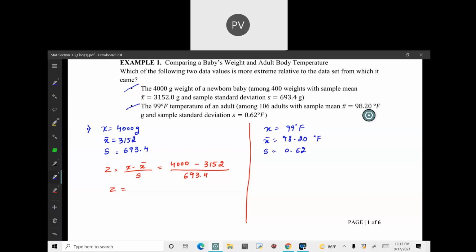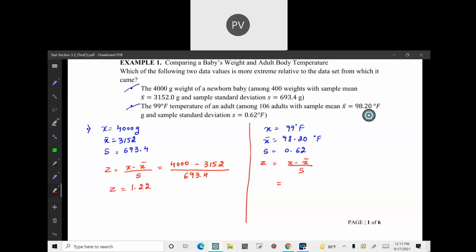Tell me the z-score for both the examples. Yes. So always, at least you must have 2 decimal places for z-score. Okay, at least 2.